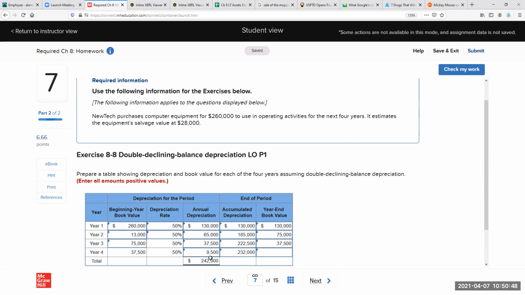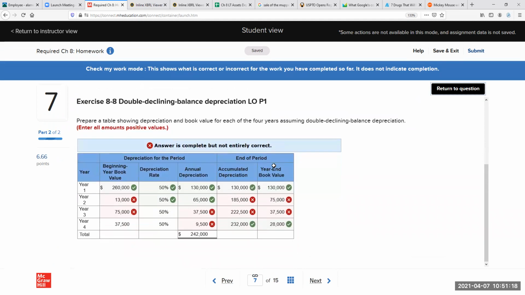So let me do that again. 130, 37.5, 222 plus that is 232. 260 minus 28. So this is right, 232, but why did this add up to 240 depreciation? It should be 28. All right, let me see what I did wrong, if I did something wrong. Oh, my math was bad. 65 and 130 is 195.